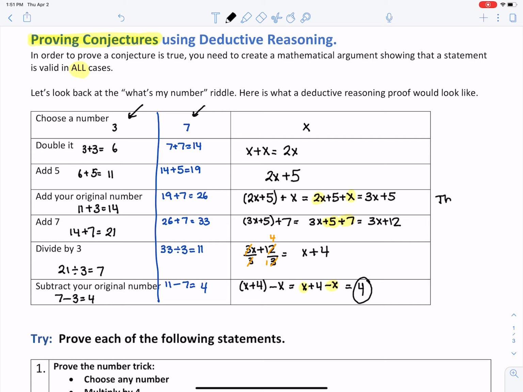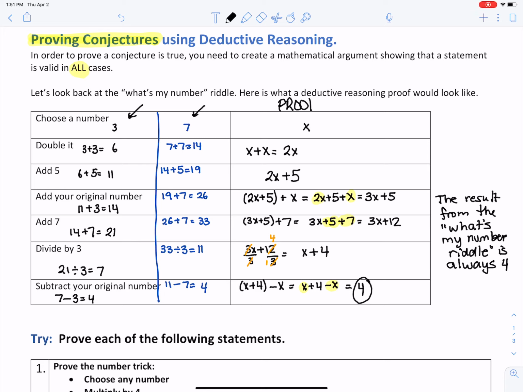So I'm just going to write that here. The result from the what's my number riddle is always 4. And this would be the proof right here.